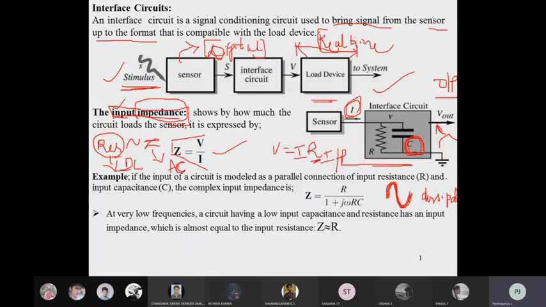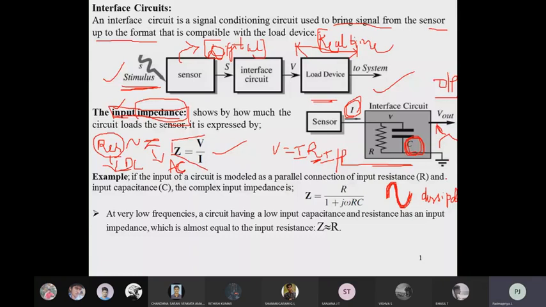Okay then. Now, if we have an input circuit as connected here, with a parallel connection of input as well as the capacitance value, and you want to calculate the impedance value, how would we calculate? You might have studied this in circuit theory and circuit analysis. You could calculate the value as Z equal to R divided by 1 plus j omega RC.